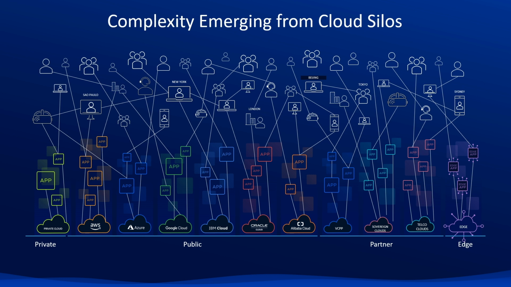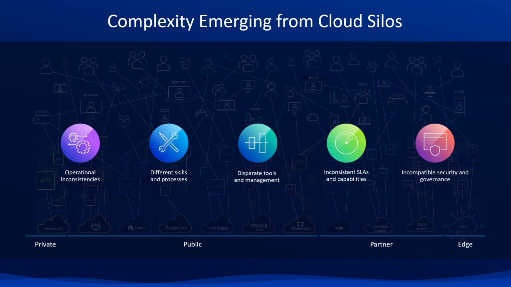And what ends up happening is that you have a lot of complexity emerging from these silos, right? With that complexity, you end up having a very long time to value. The time between when you can conceptualize a business innovation and deliver it to market increases exponentially.